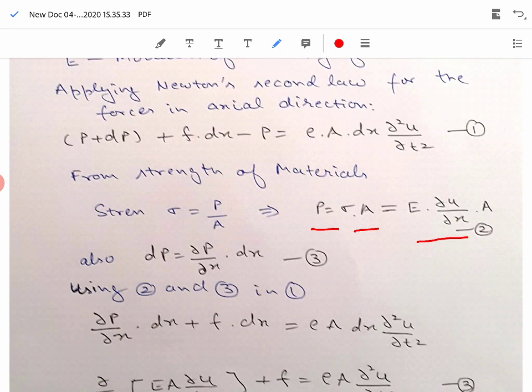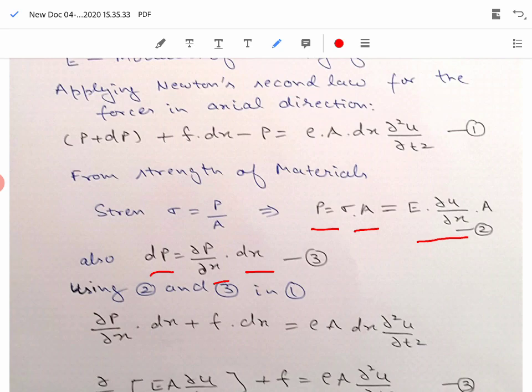As du is the deformation and dx is the original length, del u by del x is going to be the strain here. We also know that the change in force P, dP, can be obtained by multiplying the rate of change of P with respect to x with the length in question, that is dx.